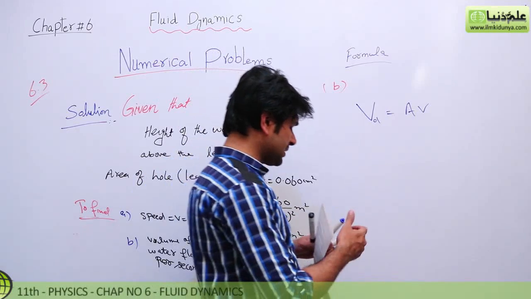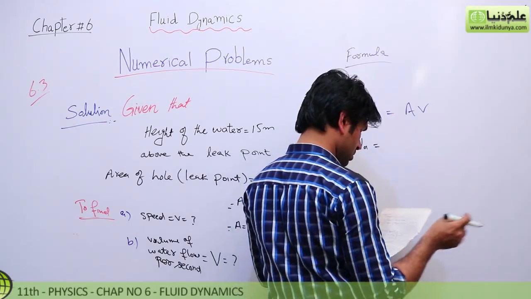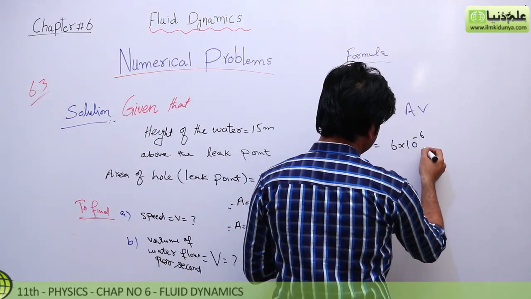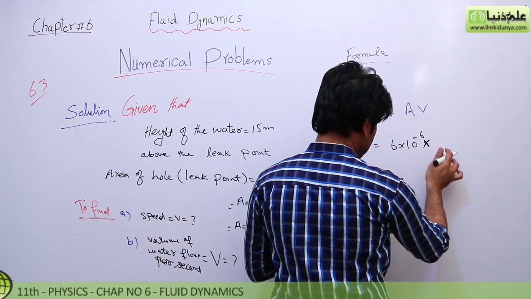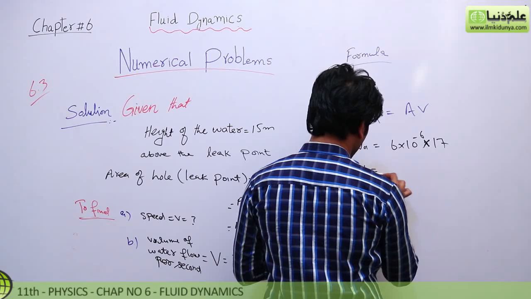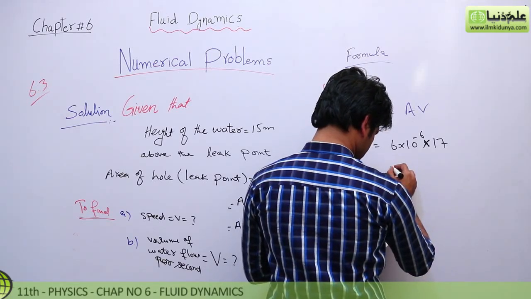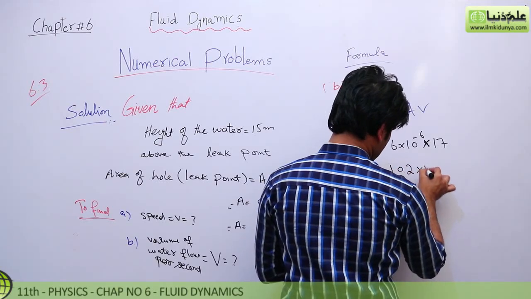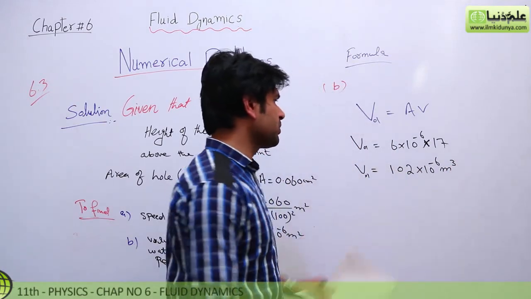By substituting the values, area is given as 6 into 10 raised to power minus 6 meter square, and V we have found recently as 17 meter per second. By solving this, we will have volume as 102 into 10 raised to power minus 6 meter cube. Now change this meter cube into centimeter cube.